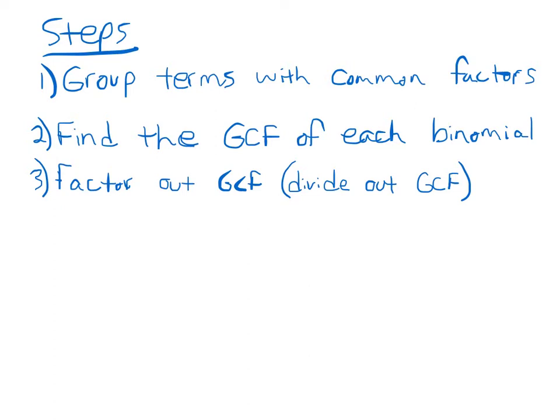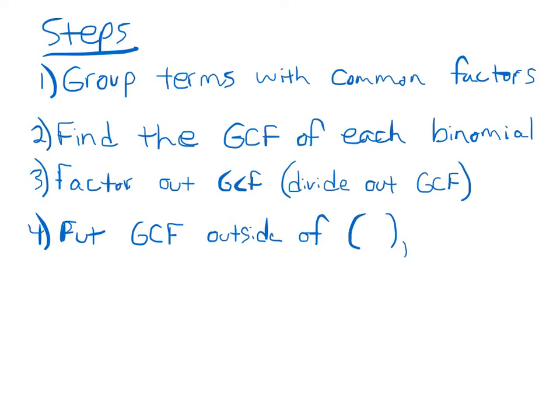Okay. Step 4 that we're going to do is we're going to put the GCF outside of parentheses. Again, basically steps 2, 3, and 4 we already did. Okay, we did that in the previous objective.